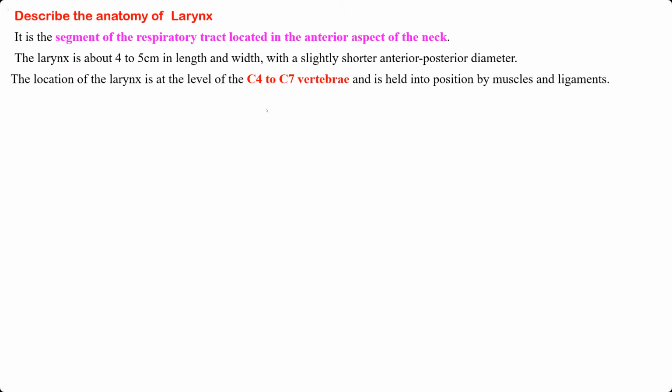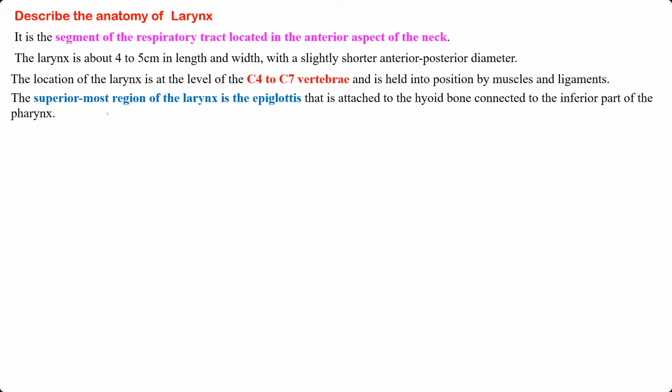The superior-most part of the larynx is the epiglottis, which is attached to the hyoid bone, and the inferior aspect of the larynx connects to the superior region of the trachea. So it is the starting point of the trachea, which is placed below the larynx.